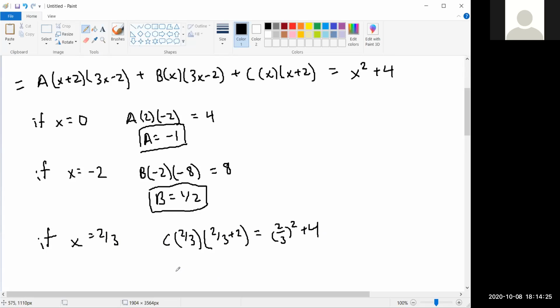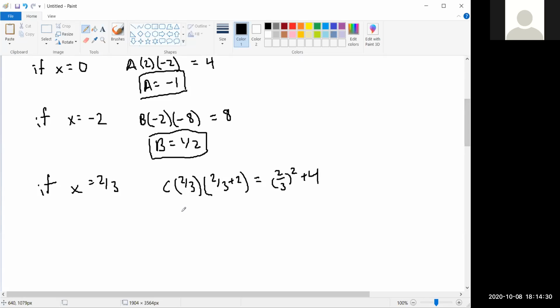Okay, so now we have to actually use our brains and add fractions. So this is 2/3. 2 is 6/3, so that's 8/3. This is 4/9. 4 is 36/9.